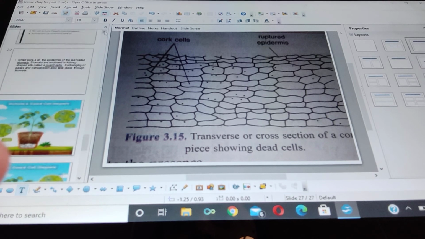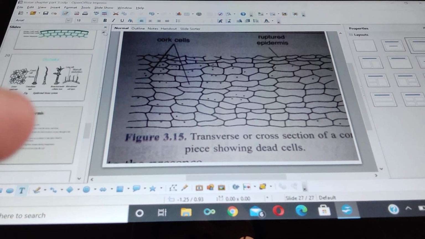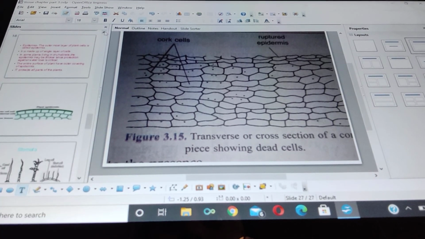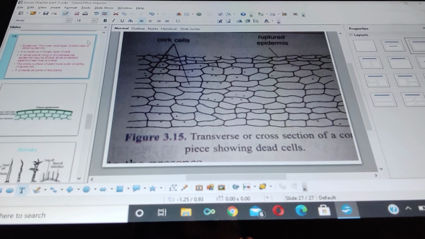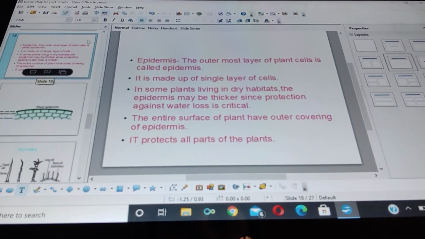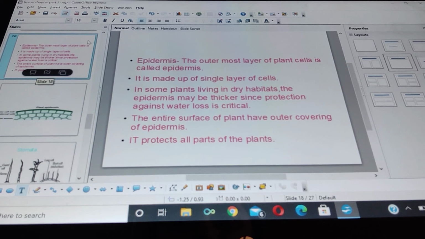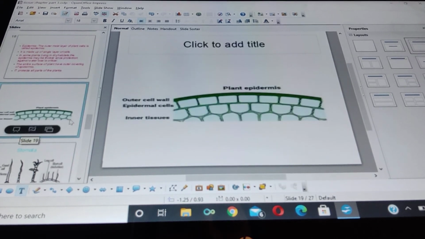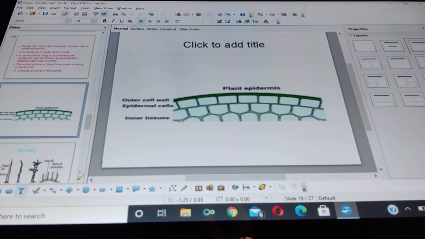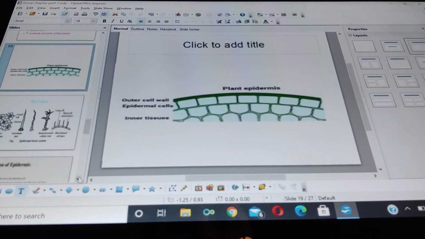Here you have to remember the points of this epidermis. Then you have to understand this structure, how the epidermis tissues are present.